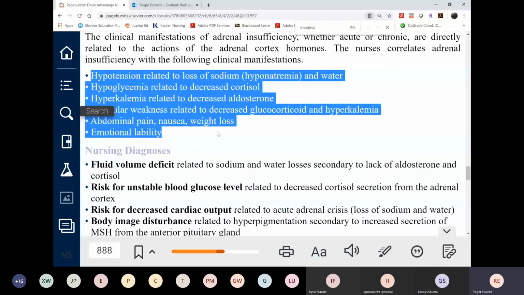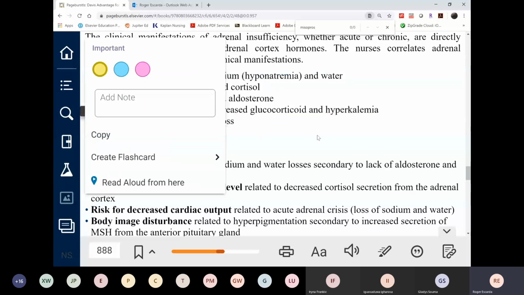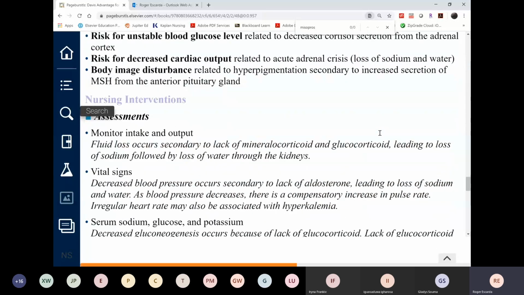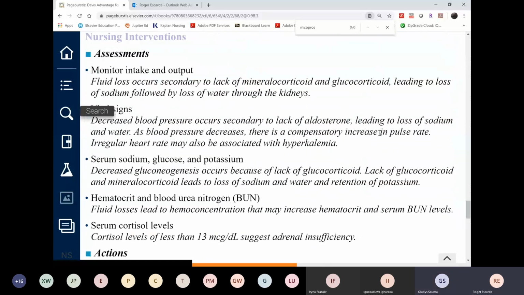The emotional lability, that is again because of the low female hormones. So during an emergency, keep in mind the patient's unconscious. Nobody's awake if you have shock level blood pressure, moderate to severe hypoglycemia, and severe hyperkalemia.